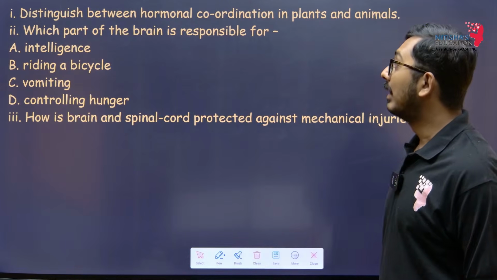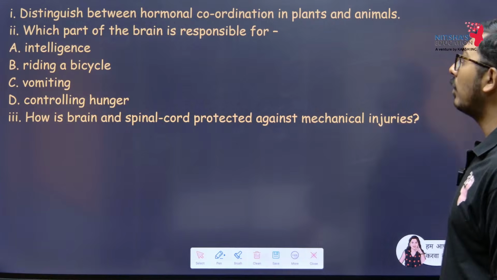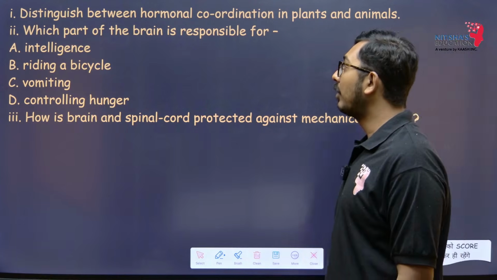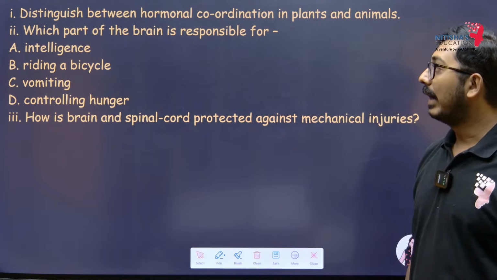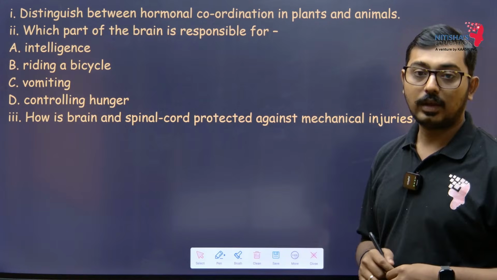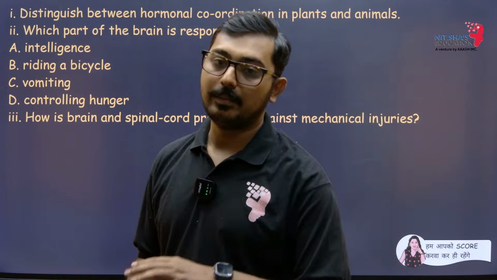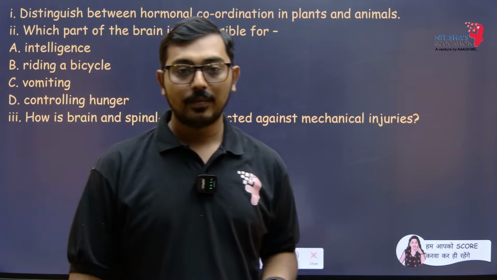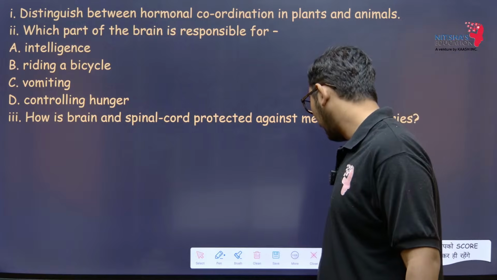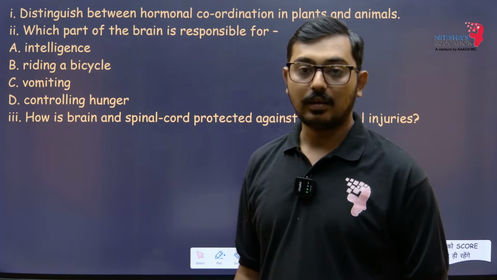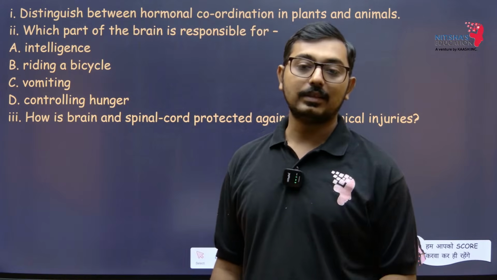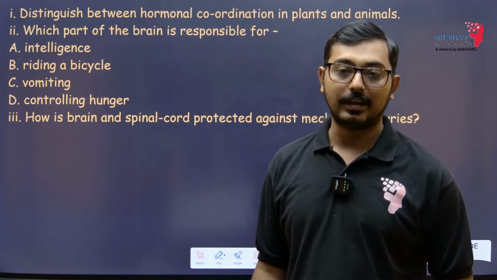Next, distinguish between hormonal coordination in plants and animals. First of all, in plants, the hormones are simply diffused easily, and in animals, they are transported through blood to the targeted organs.